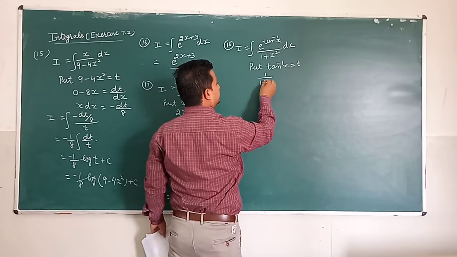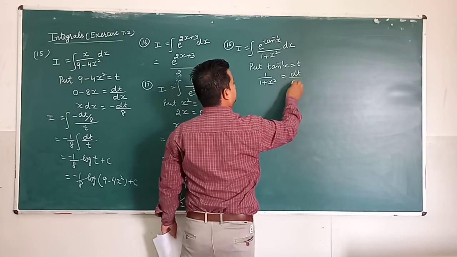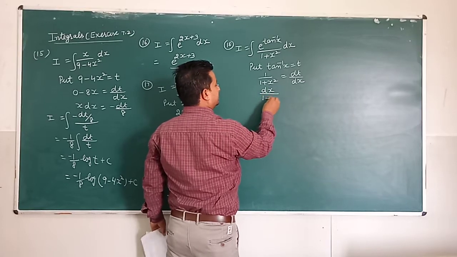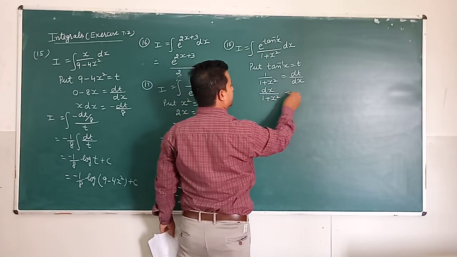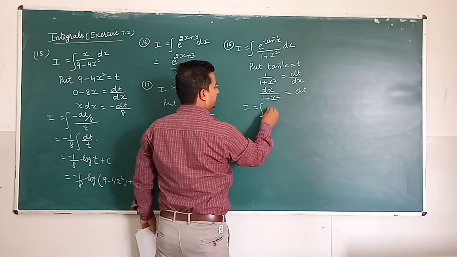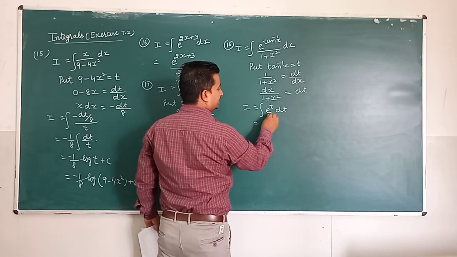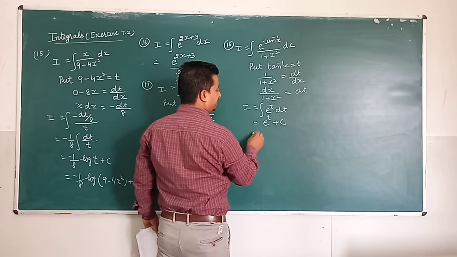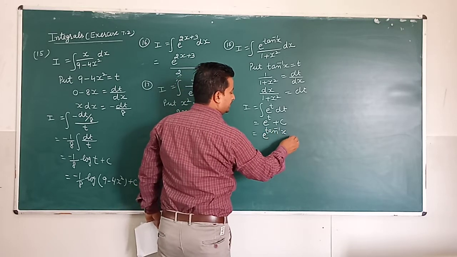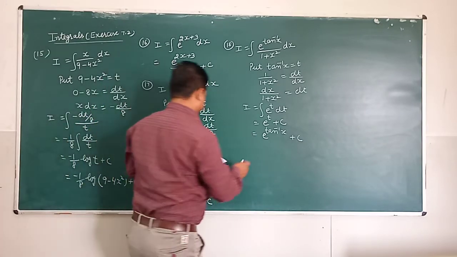When we differentiate this with respect to x, this is dt upon dx, so dx over 1 plus x square equals dt. So it is e power t into dt. Integration of e power t is the same. So its integral is e power tan inverse x plus c.